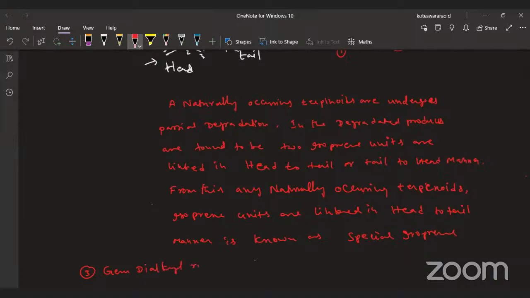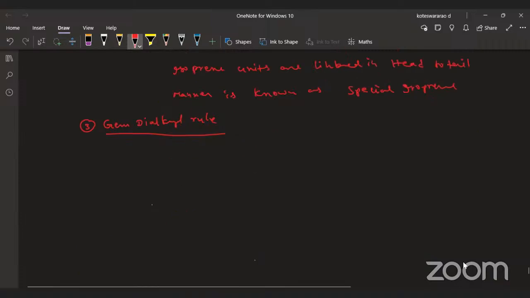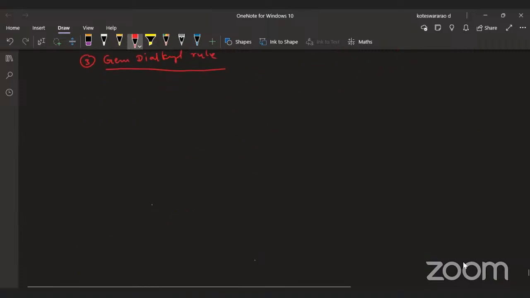Gem dialkyl rule. This is also very much important. Why it is important, I will tell you. Suppose you consider this is a cyclohexane.